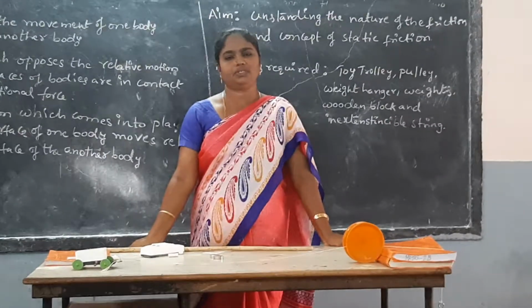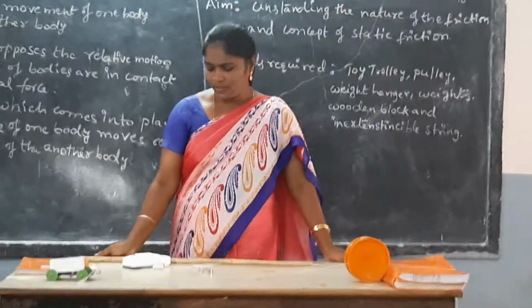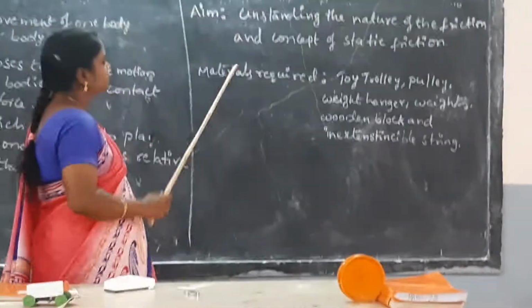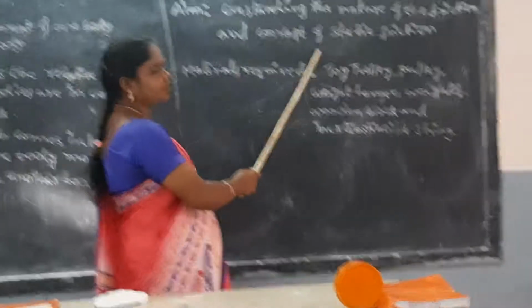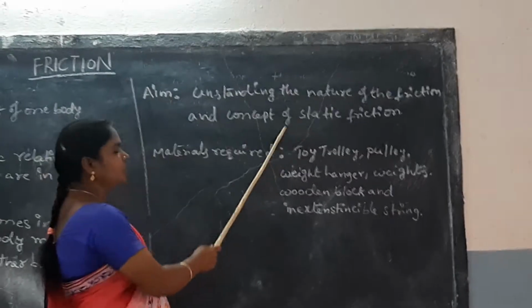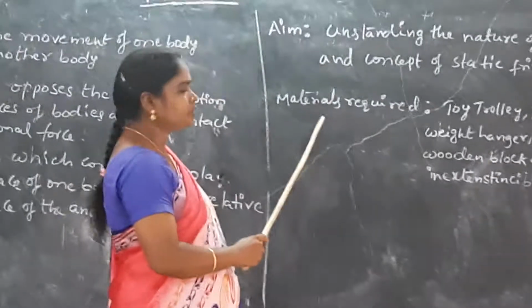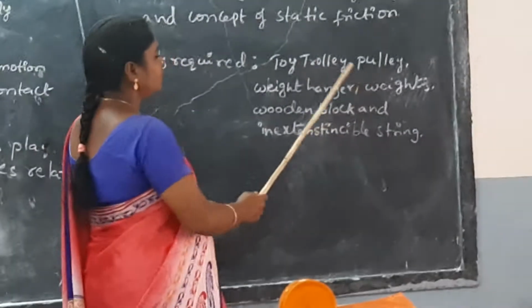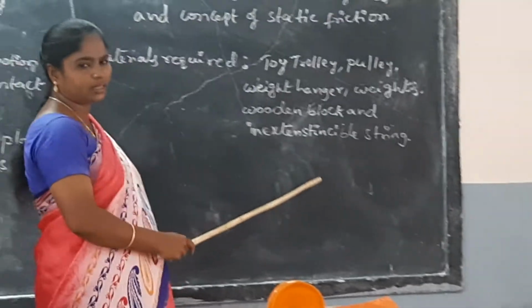Today we are going to understand the nature of friction and the concept of static friction. For this, we do one activity. In this activity, the aim is understanding the nature of friction and the concept of static friction. The materials required are a toy trolley, pulley, weight hanger, weights, wooden block, and inextensible string.